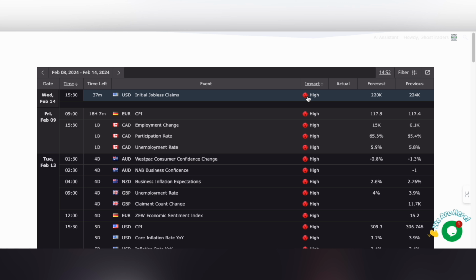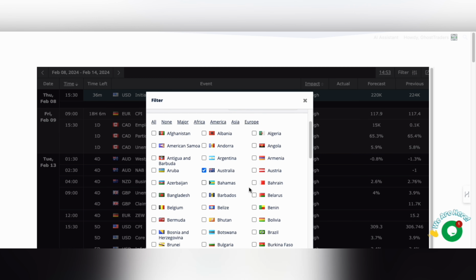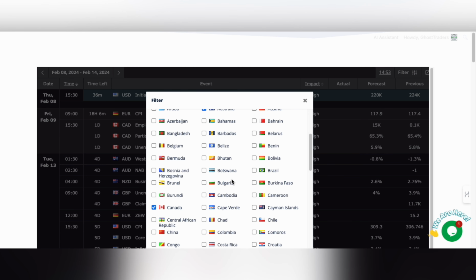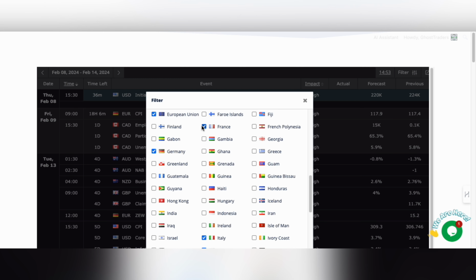At this time you don't want to find yourself trading, or if you are stubborn and you want to continue to trade, it's fine, just trade with caution. So you can come here and filter. Let's say you are trading USD pairs only, so you can just come here and remove the others.